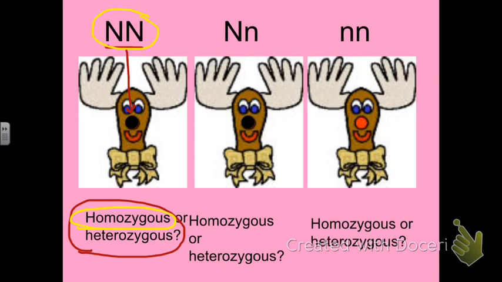Now you can also be homozygous for the recessive allele. So if we look over here at Rudolph, little n little n, that's two of the same. Both of those alleles are recessive, and so you end up with the recessive trait, the red nose. However, we still describe this as homozygous. So usually when you're talking about homozygous, you also have to qualify it.